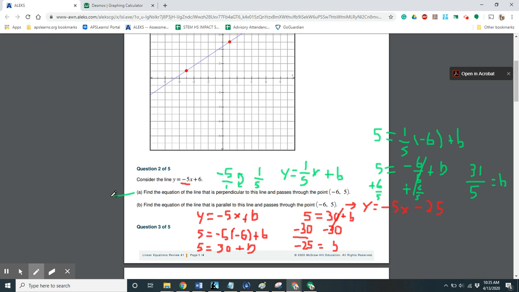Which means the final answer for part A is y is equal to 1/5 x plus 31/5.